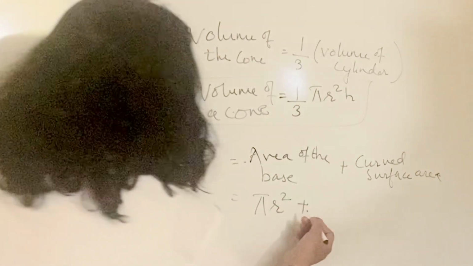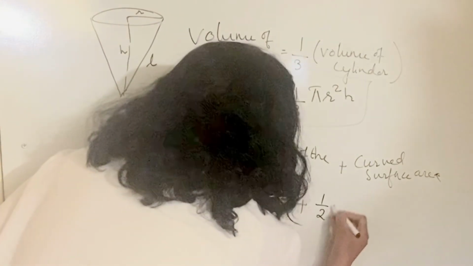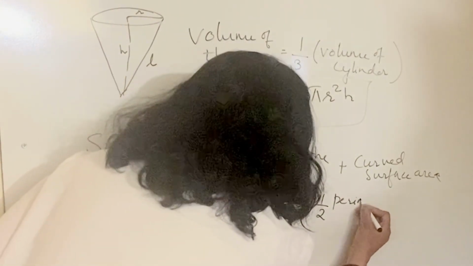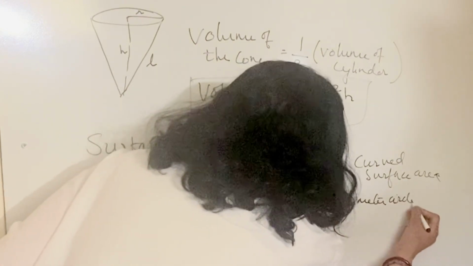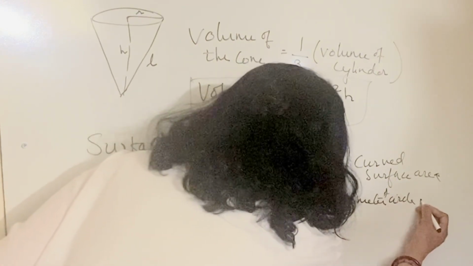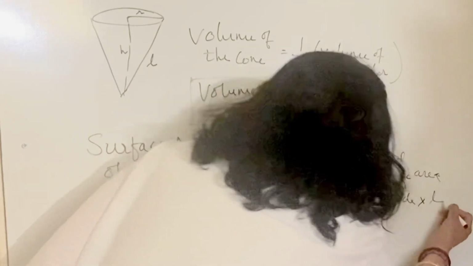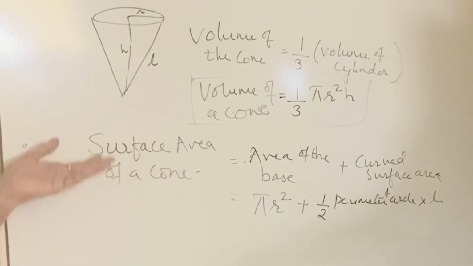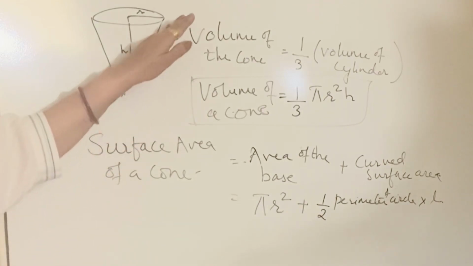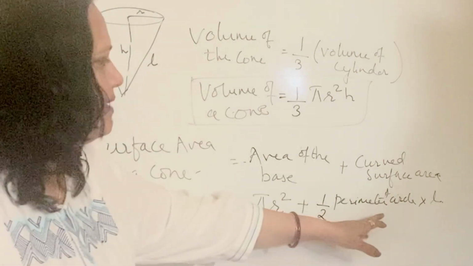Okay, so that will be half of perimeter of a circle times the L, slant height, right? This one, lateral height or slant height, whichever way we say.